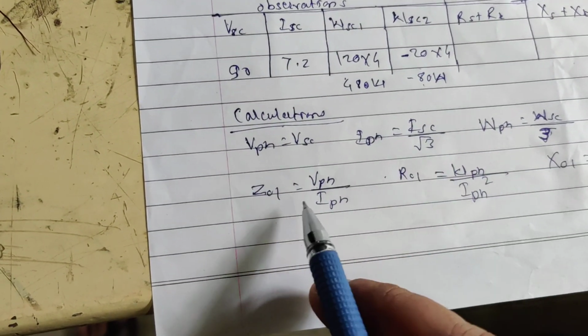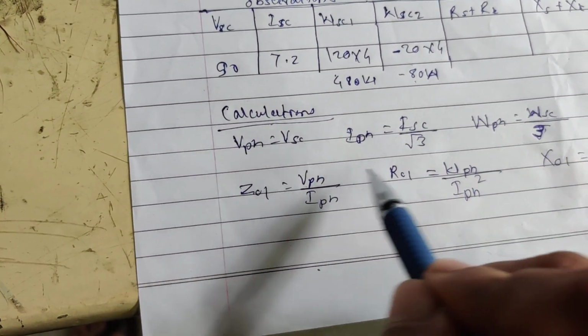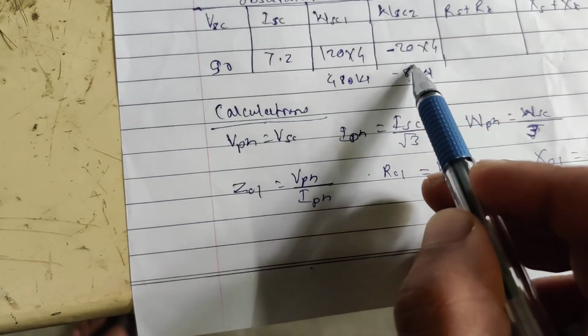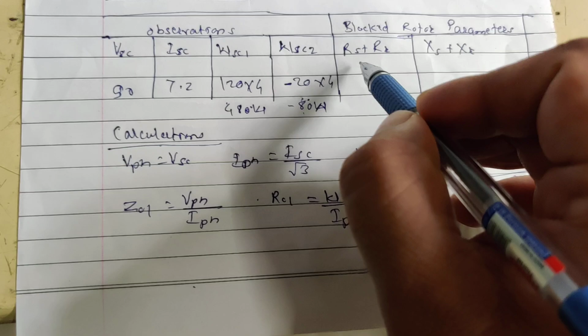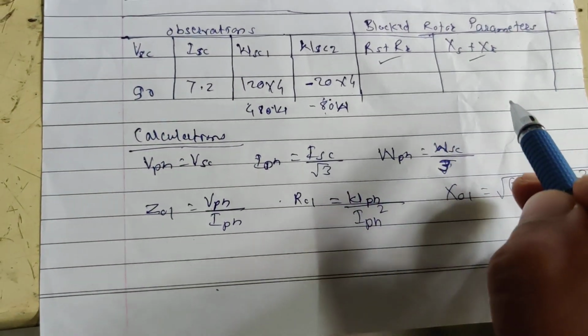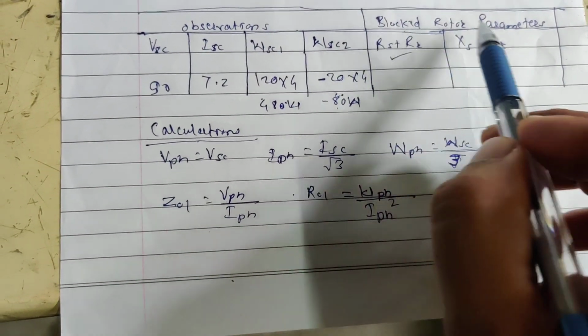We have to do the calculation on the basis of these readings, and with the help of the calculation we are going to identify these two parameters, which are the block rotor parameters.